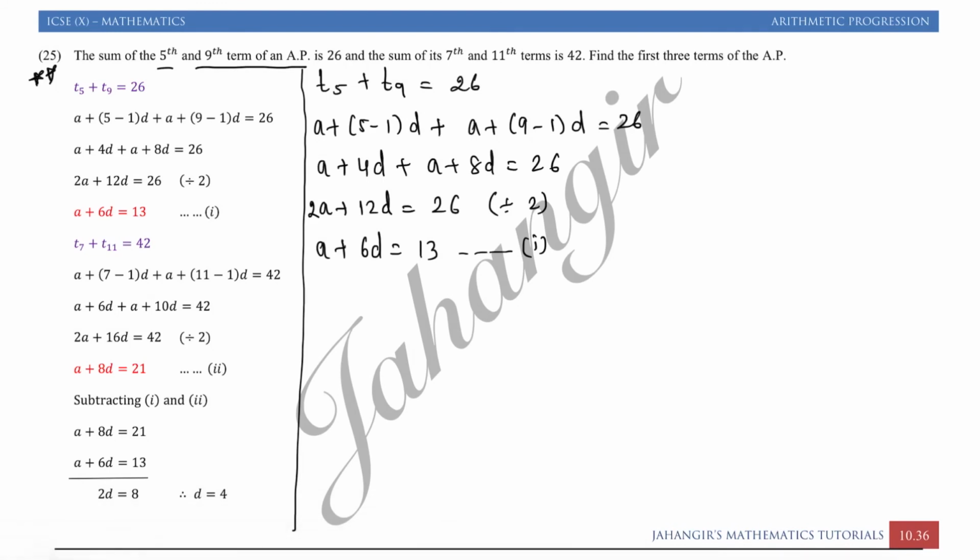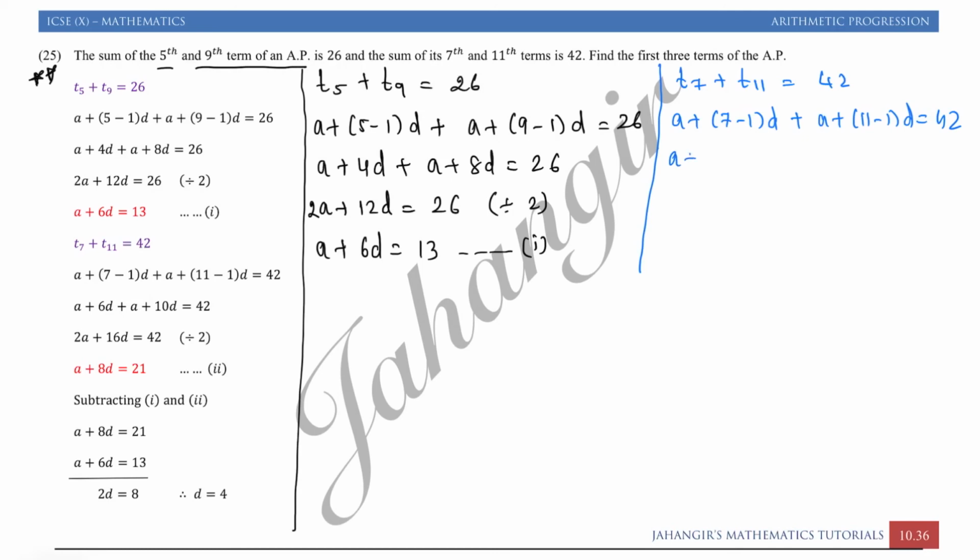Now in the second, what we have: T7 plus T11 is equal to 42. So T7 I can write as A plus (7 minus 1) into D plus A plus (11 minus 1) into D is equal to 42.